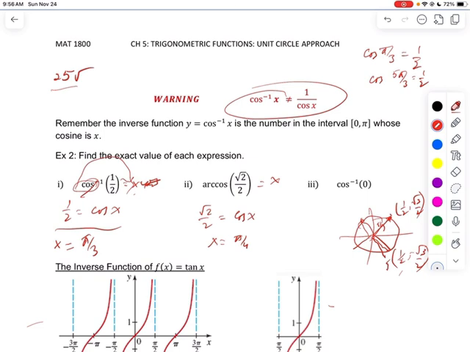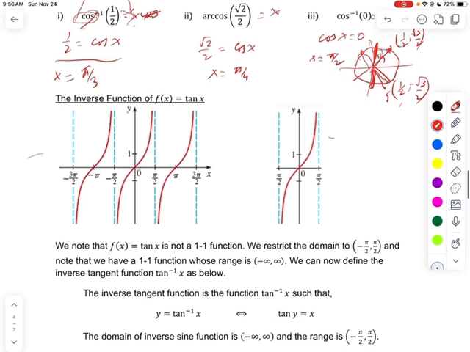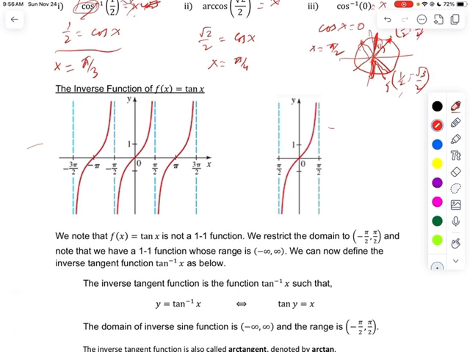So what is arc cosine of square root of 2 over 2? Again, you can say this is equal to x, and so we get square root of 2 over 2 equal to cosine x. Again, going back to our little table or unit circle, whatever you prefer, you can see cosine of what value is equal to square root 2 over 2.